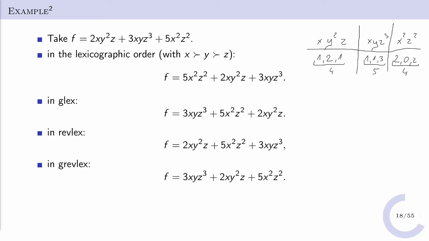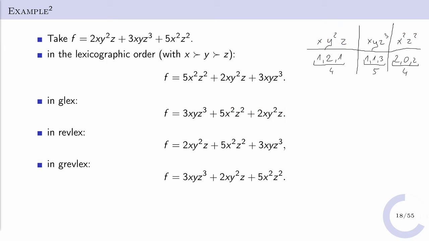So this one is the biggest of all these three monomials with respect to glex, so it comes first. Now we have 4 and 4, so the total degrees are the same. So we compare these two with respect to lex. We read the exponents left to right, so we have 2 versus 1. So this one comes in the second place, and this one is the smallest of all of them with respect to graded lex.